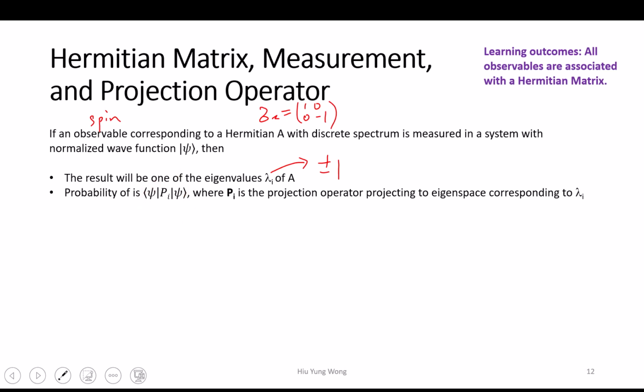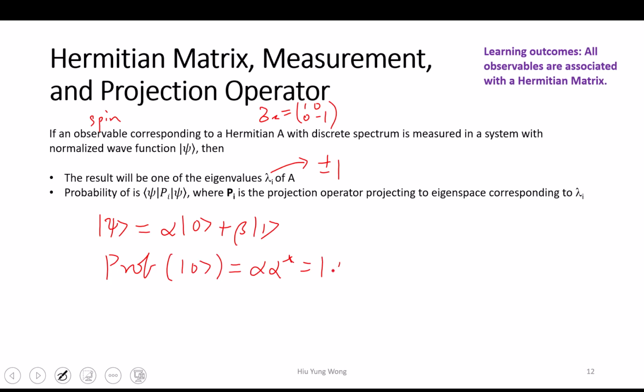Now, what is the probability of measuring the eigenvalue? We actually know that already, right? Remember that if I say I have a state psi equals alpha |0> plus beta |1>, we say the probability of measuring 0 equals alpha star alpha, the magnitude of alpha squared, right?